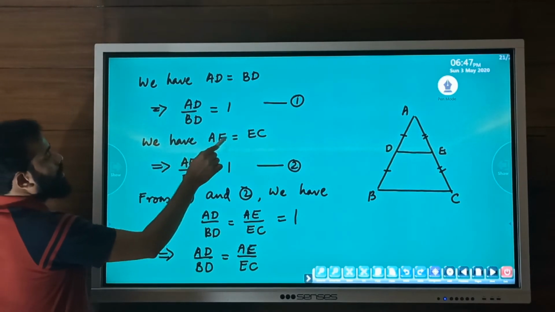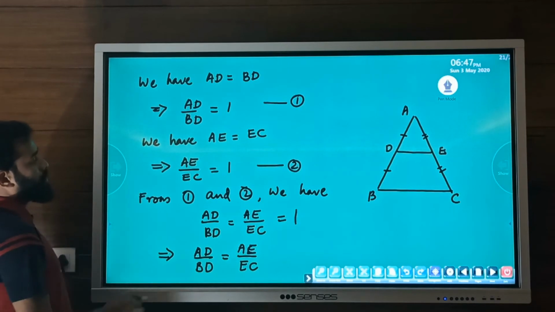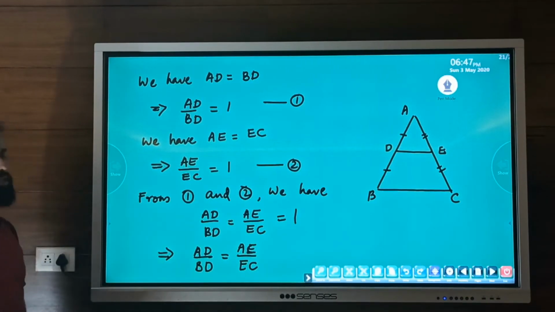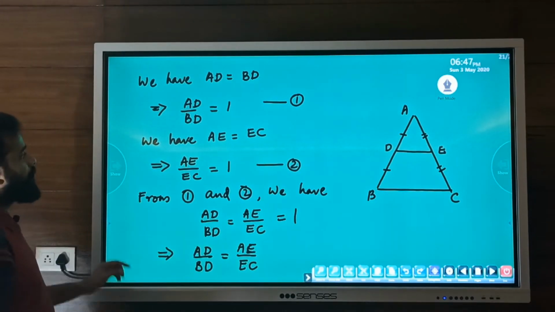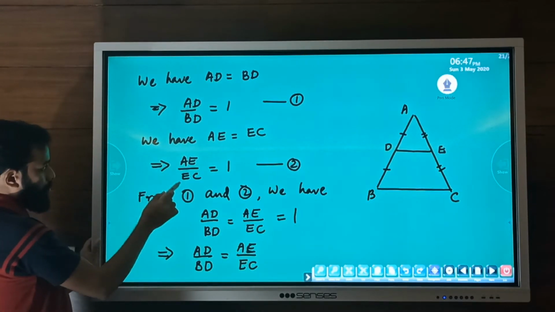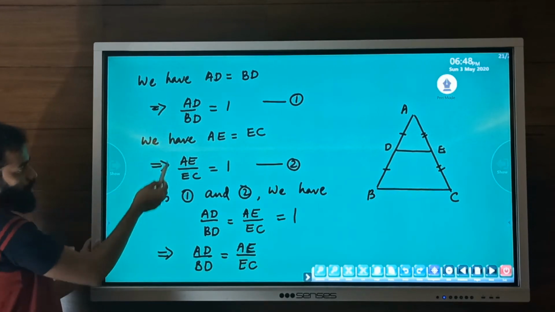Then from 1 and 2, we have AD by BD equals 1. AE by EC also is equal to 1. Right hand sides are equal. Therefore, left hand sides also will be equal. AD by BD equals AE by EC.